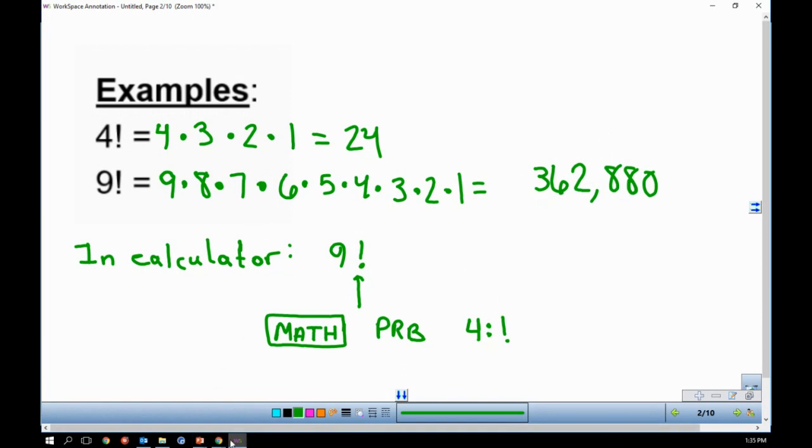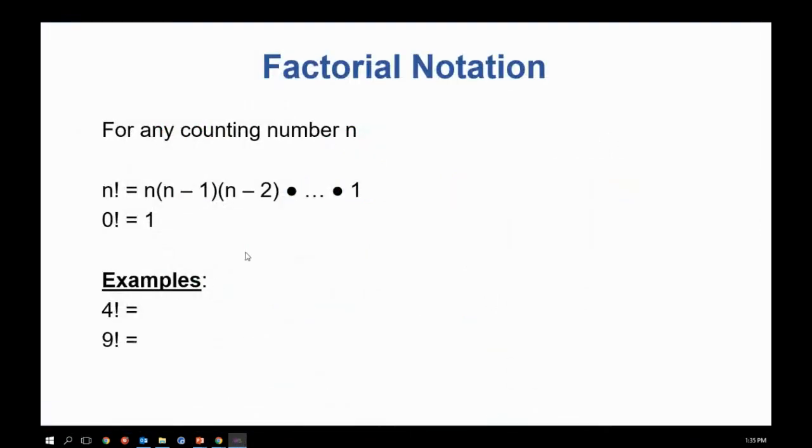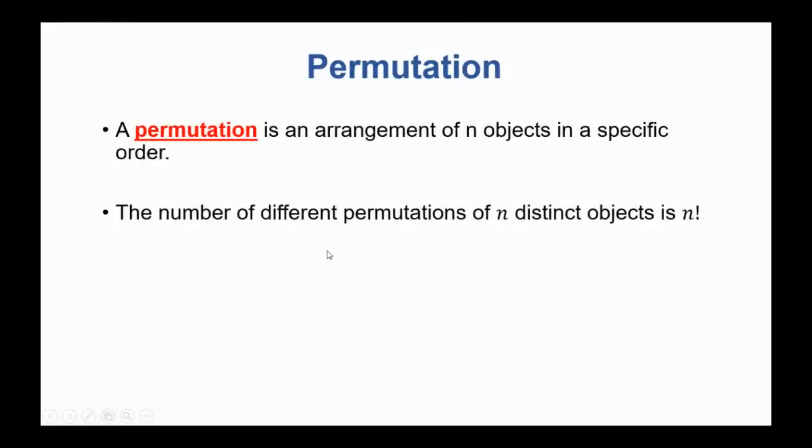Okay, let's go back to the PowerPoint for a second. A permutation is an arrangement of n objects in a specific order. The number of different permutations of n distinct objects is n factorial.